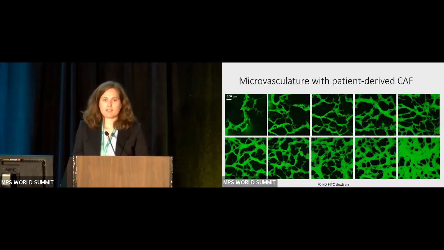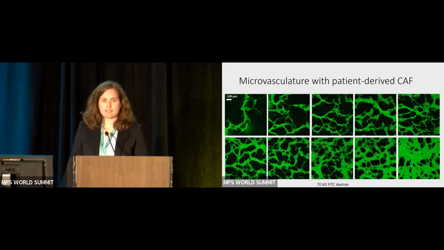Starting off building this model, we were building it up piece by piece and began with building microvasculature, combining the HUVEC endothelial cells with the cancer-associated fibroblasts. Now I'm going to be showing you maximum intensity projections of the microvasculature in these models.